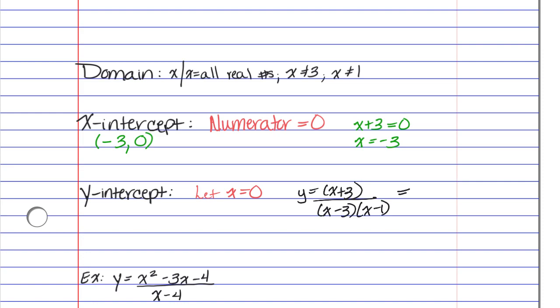So I plug it in: 0 plus 3 divided by 0 minus 3 and 0 minus 1. This gives me a positive 3 on the top with a -3 times the -1 on the denominator. So 3 over 3, and I have a y-intercept of 1, because 3 divided by 3 is 1.